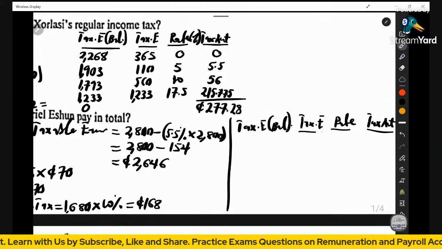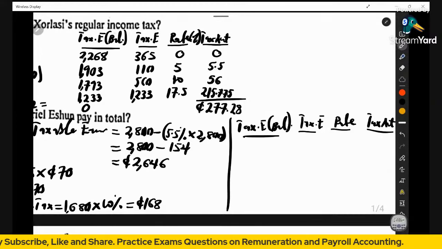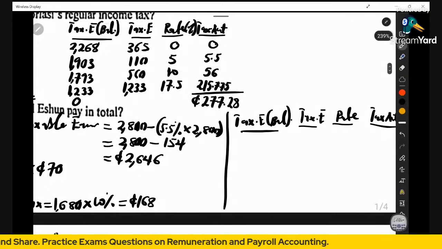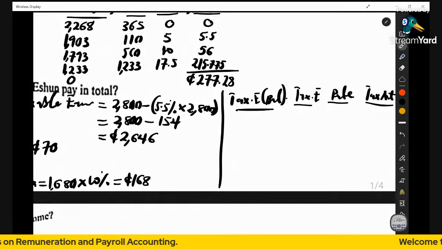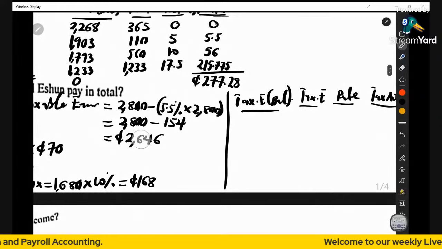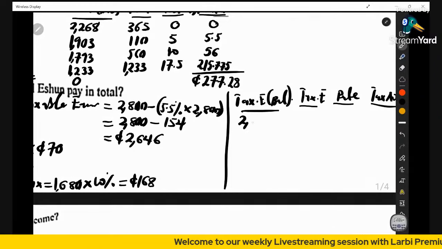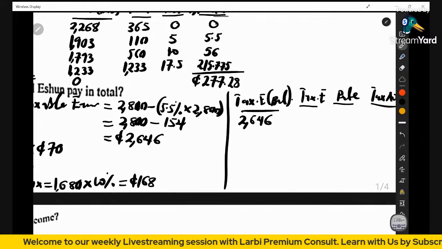So we have these various columns. The taxable earning balance in this particular case is 2,646.